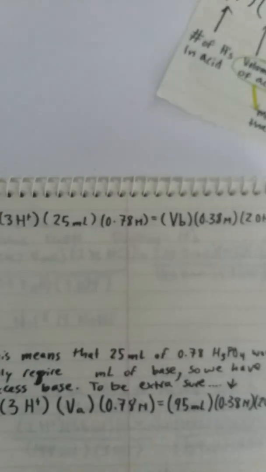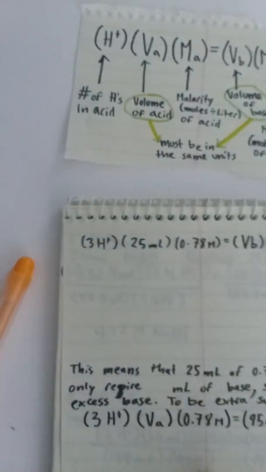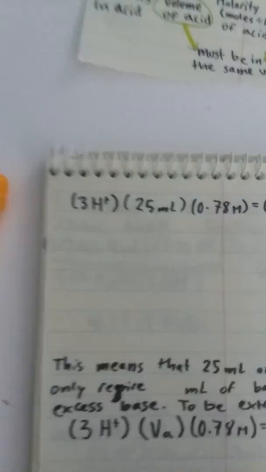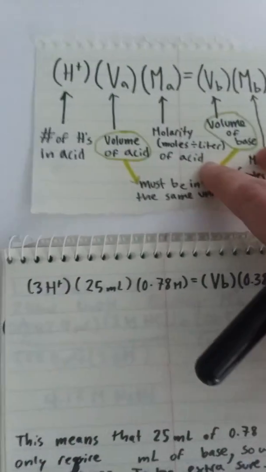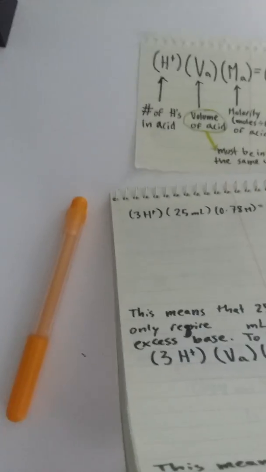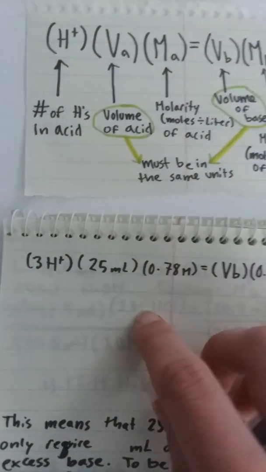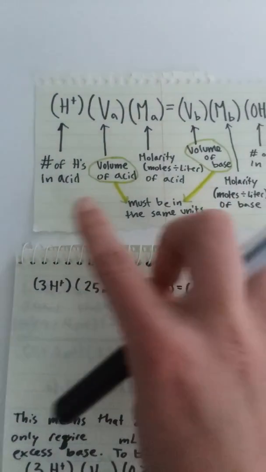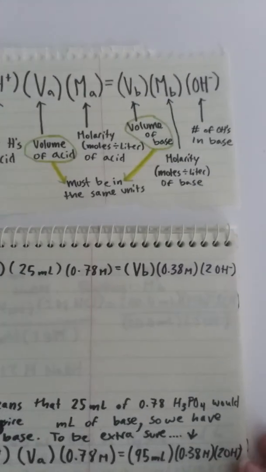Like I said, I'm just going to throw out the 95 milliliters. I wrote that down. We had phosphoric acid, so 3 hydrogens, and we had 25 milliliters of it, 0.78 molar. I just filled that in like we have been doing.